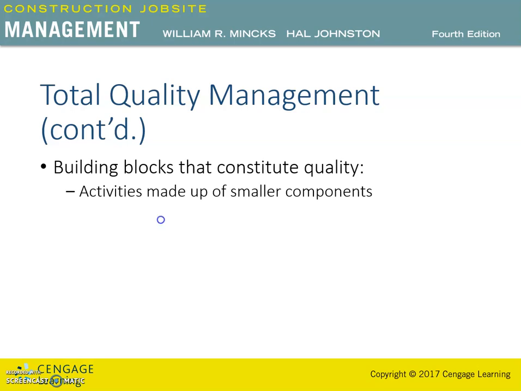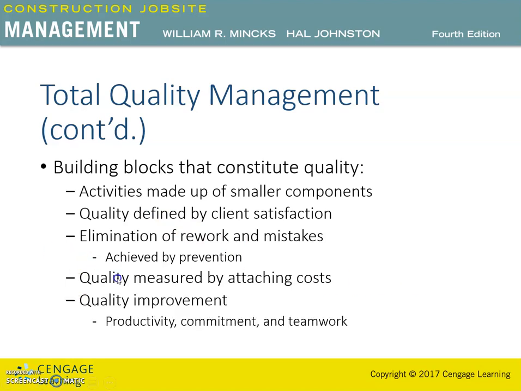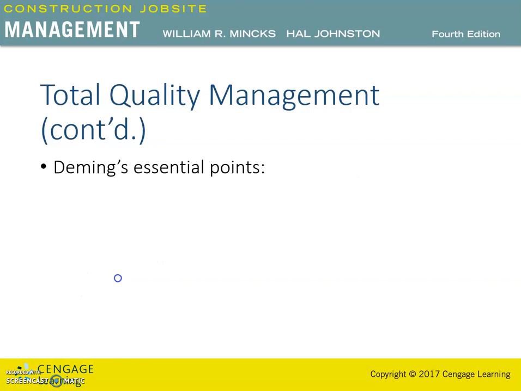So these building blocks are: construction work activities made up of smaller components, quality defined by client satisfaction, elimination of rework and mistakes achieved by prevention, quality measured by attaching costs, quality improvement pertaining to productivity, quality improvement through individual commitment and teamwork.